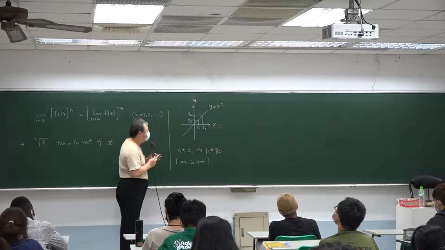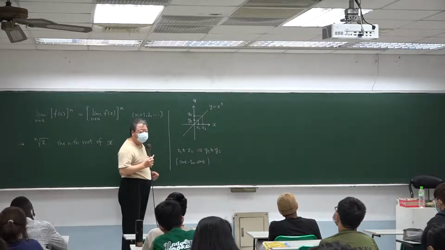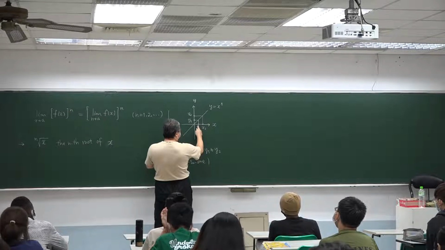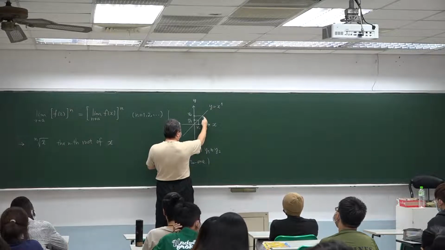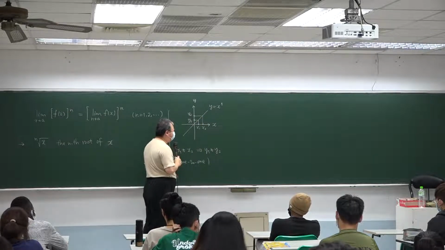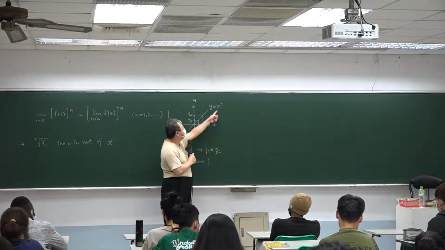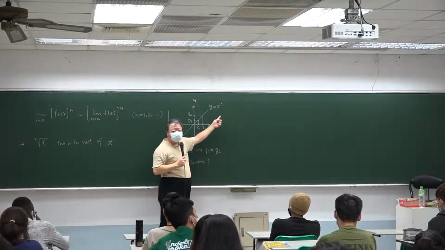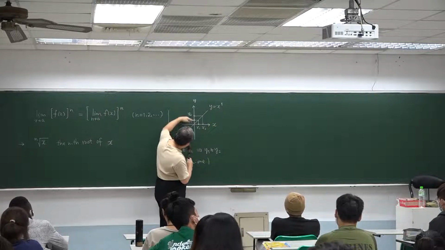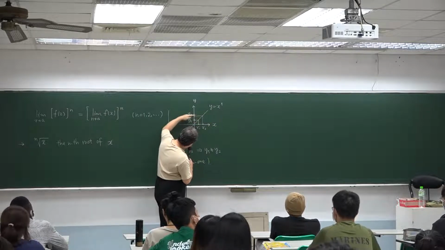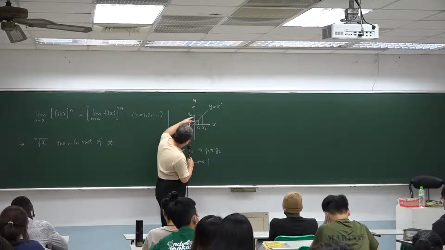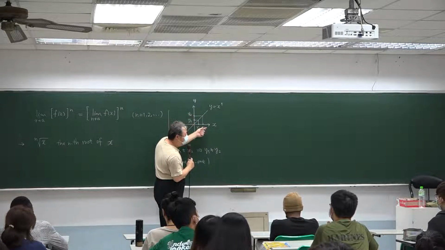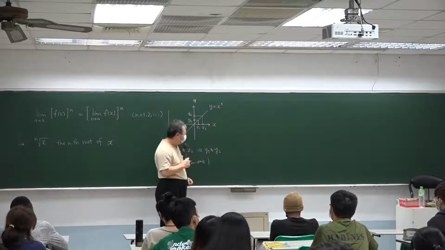If a function is one-to-one, then we can consider the inverse map. For example, given x1 we have y1, given x2 we have y2. Conversely, we may consider x also a function of y. Given y1 we go to x1, y2 to x2. If these two numbers are the same, these two numbers must be the same.